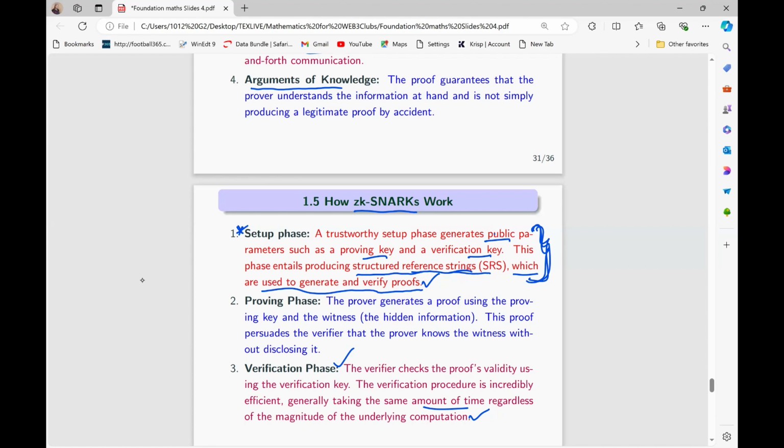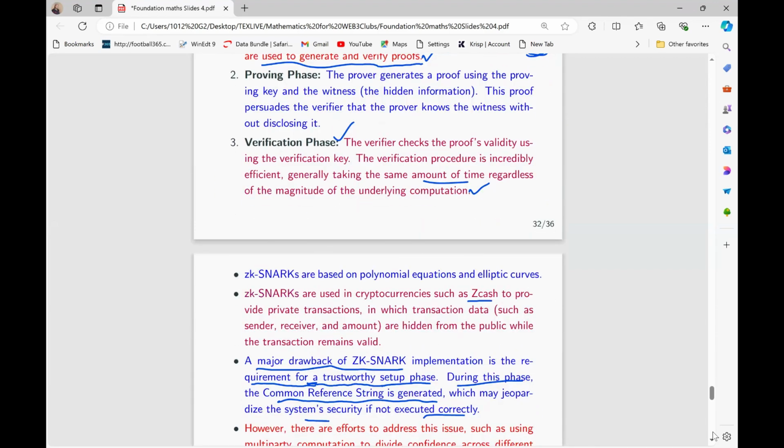If this process is not done correctly, then the attackers or the people on the blockchain may be able to capitalize on it and jeopardize the whole process. But if it's done correctly, then it does not become a disadvantage.